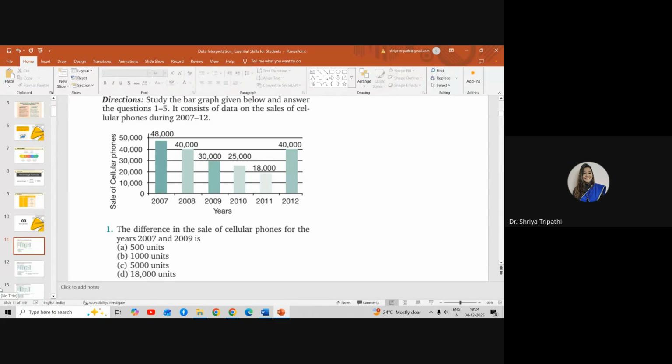Okay, we are having the question, option D 18,000. Now I'll request others to please answer. The difference in the sale of cellular phones for the years 2007 to 2009.